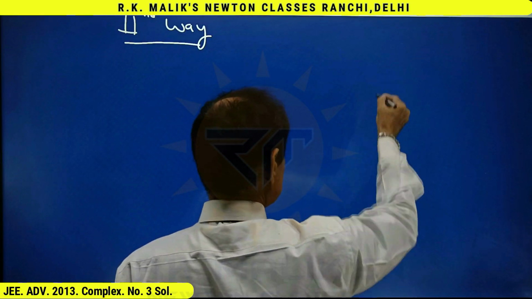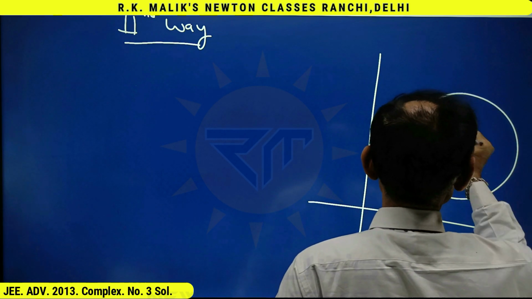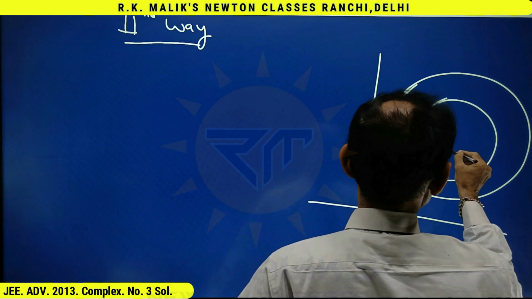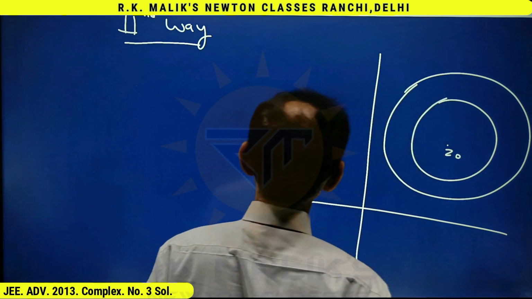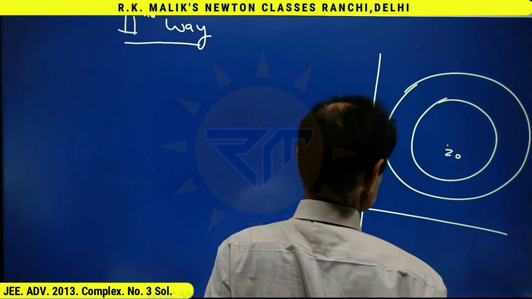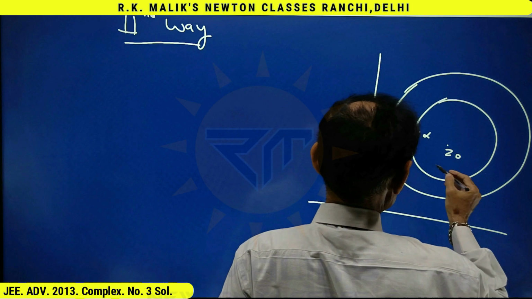And using the diagram which I had done previously also, because alpha is any point on this circle, therefore say alpha is somewhere here.